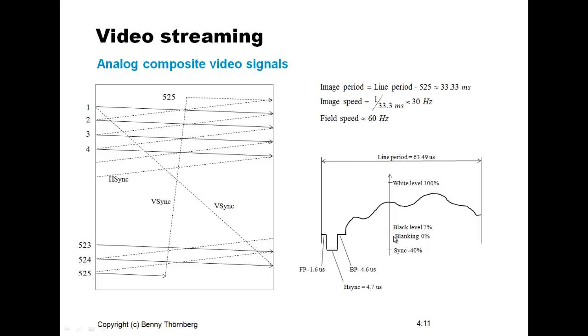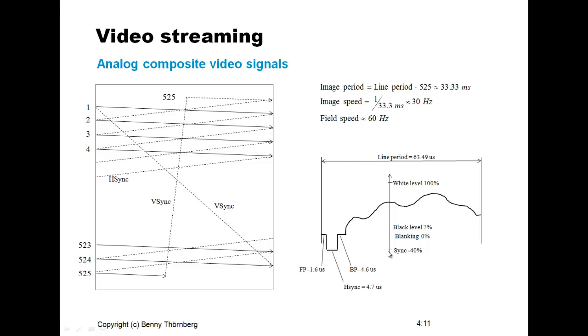So the blanking means that if you have an analog signal that is lower than this threshold level, the video display should be dark. We have a blanking at 0% of the dynamic range, and we have minus 40% for the synchronization level.